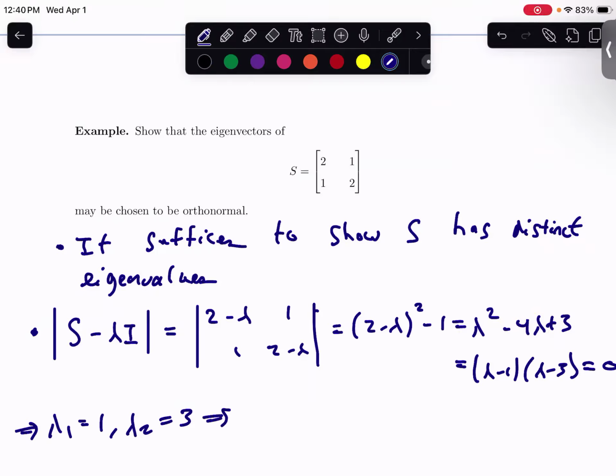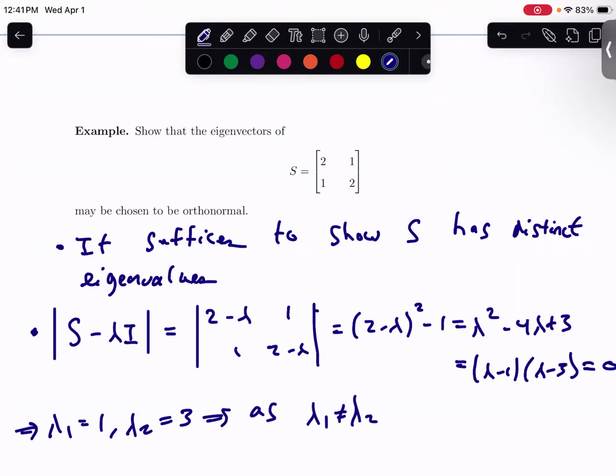And so the main point is because we have that lambda 1 is not equal to lambda 2, what this immediately implies is that we have orthonormal eigenvectors. Well, it means we have orthogonal, but then you just divide by the magnitude.